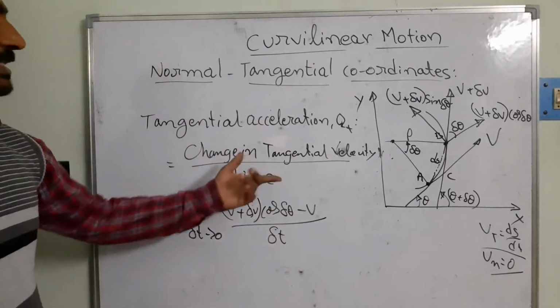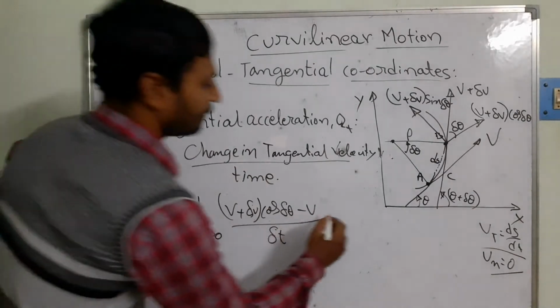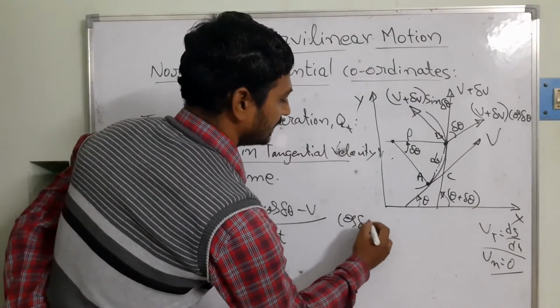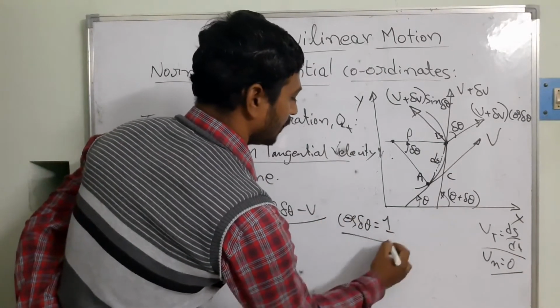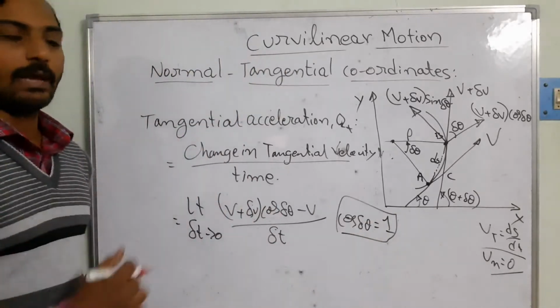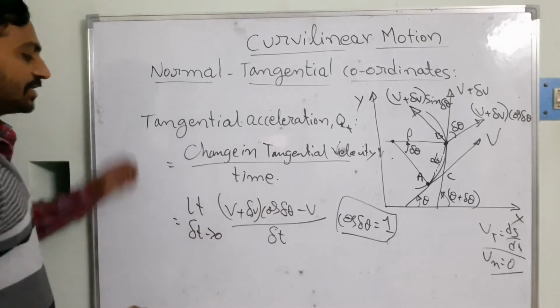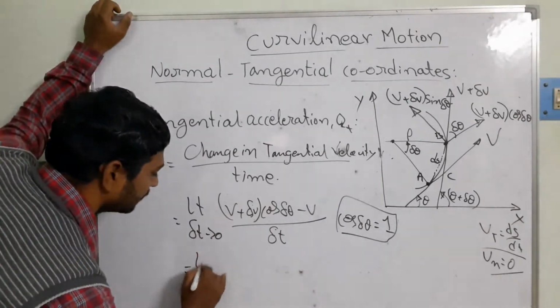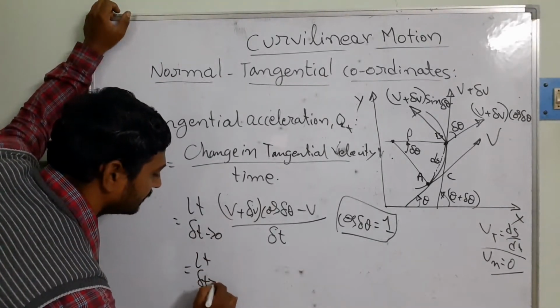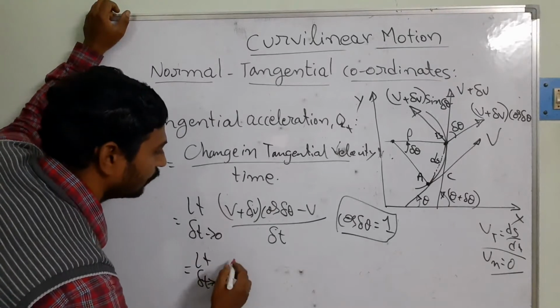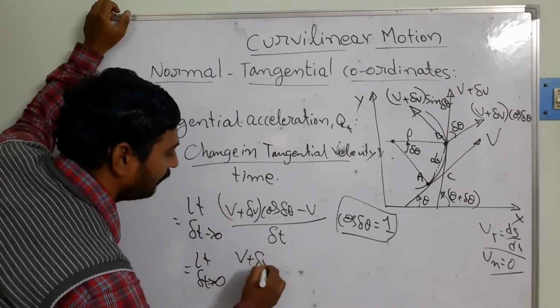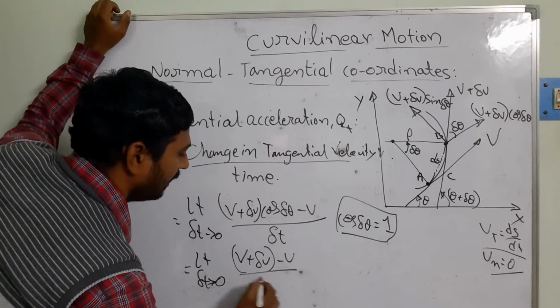If I simplify this equation, then what will happen? Cos del theta is equal to 1 because it is very small, so cos 0 is equal to 1. Further simplification: limit del t tends to 0 of (V plus del V minus V) by del t.